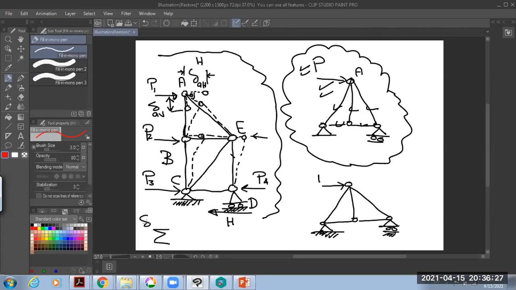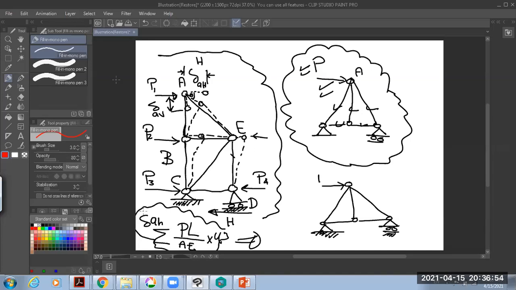The horizontal deflection for joint A equals sigma of PL divided by AE, multiplied by the unit load force u. What is this all about? I will tell you again. Memorize the formula, please.